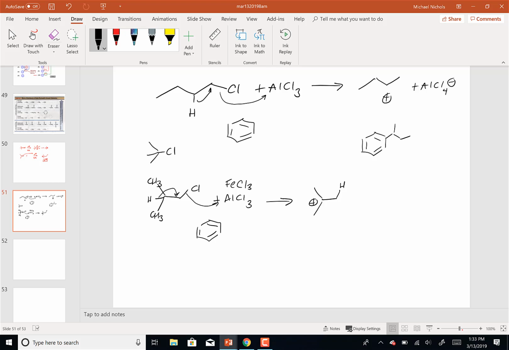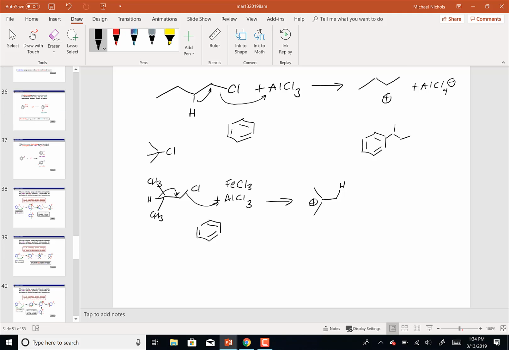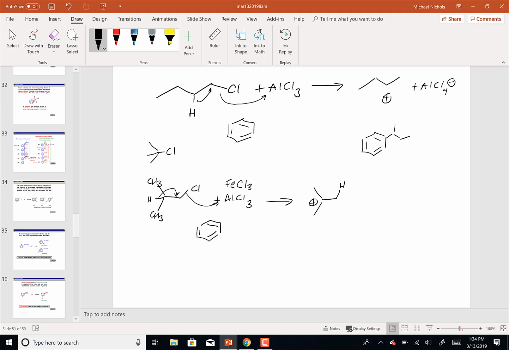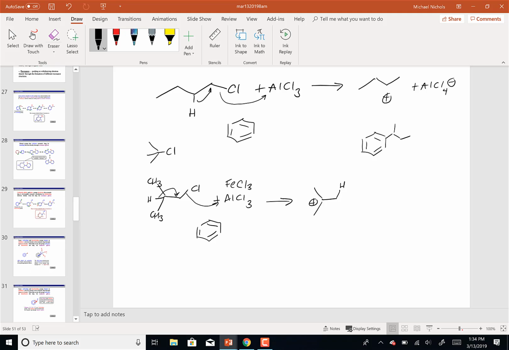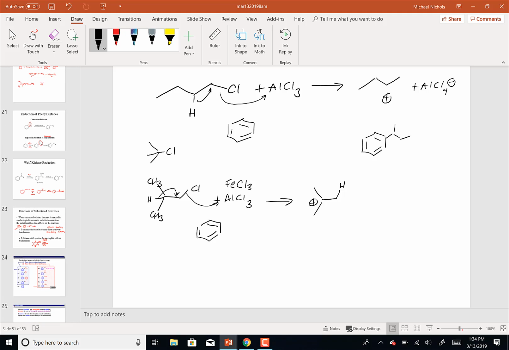Now, there's really no way to get around this one per se, but the way to get around adding a straight chained alkyl group to the benzene ring is to change the mechanism a little bit. By mechanism, I mean approach. So here's what we do.